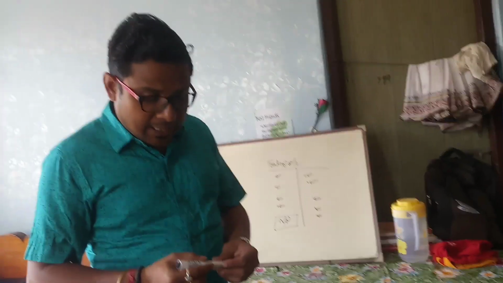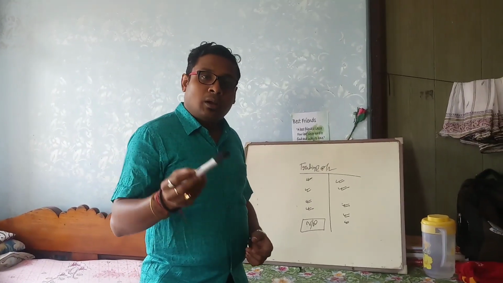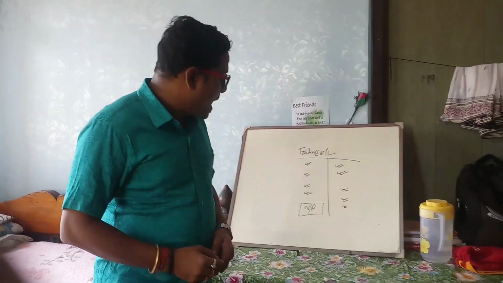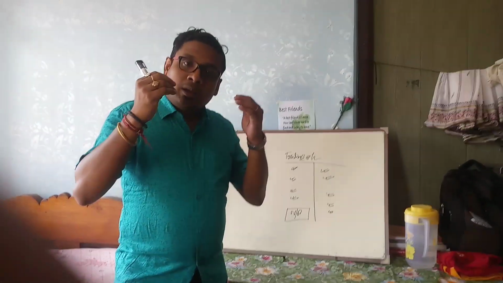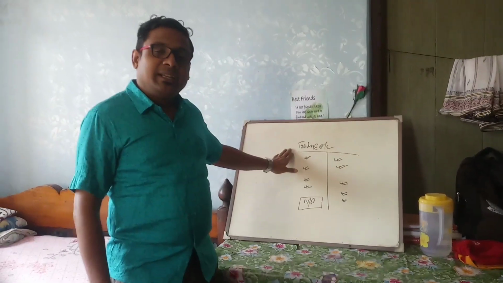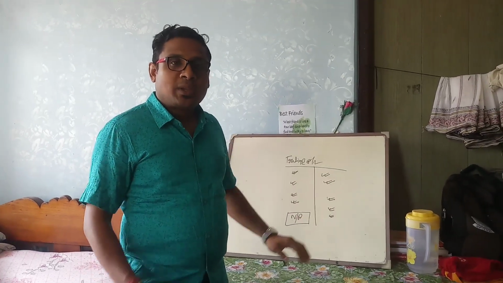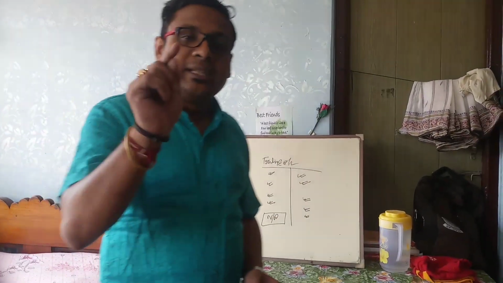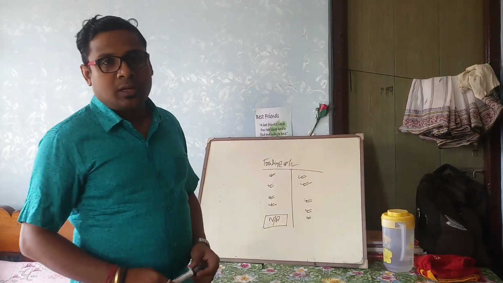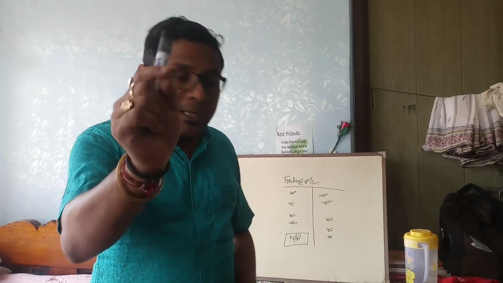But in the first class of my virtual session, I don't want to discuss all the items which are inadmissible or all the incomes which are not taxable. I just want to focus on a single item called depreciation.